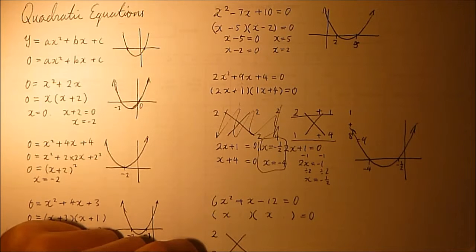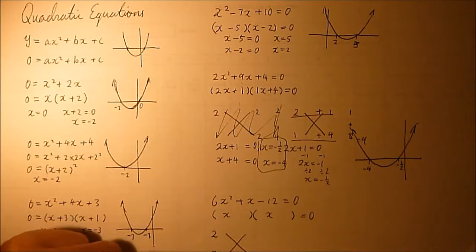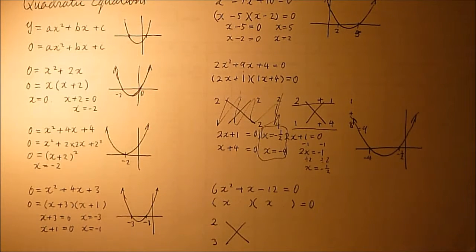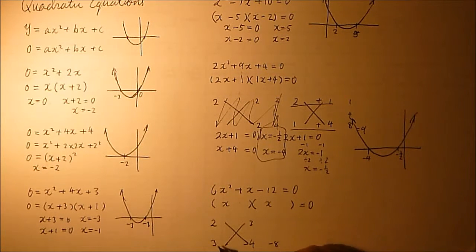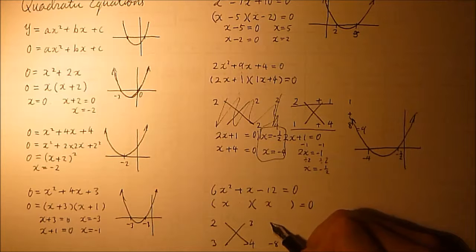Of course, you probably won't get the solution in the first go sometimes, but for demonstration purposes, I already know the answer is 3 and 4, and 4 has to be positive and 4 has to be negative, because negative 4 times 3 gives you negative 12. 2 times negative 4 gives you negative 8. 3 times 3 gives you positive 9.